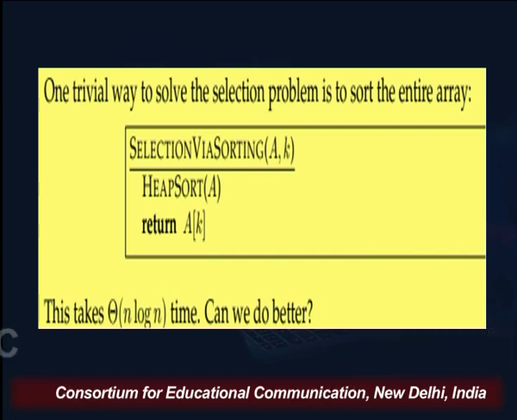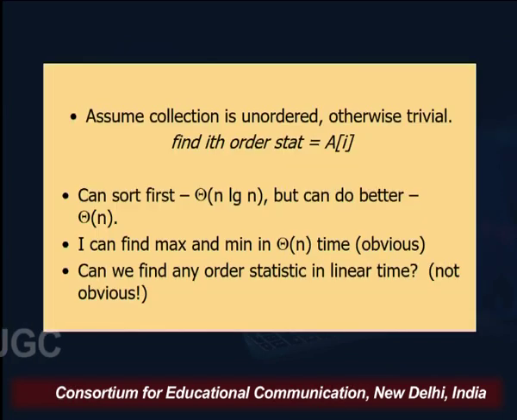The goal is to pick that ith order statistic. So, ultimately sorting is not the best way to do this. Now, let us assume we have an unordered collection. If the collection is already ordered, then our job is actually done. It is just order one time, since only reporting is remaining, and the problem becomes trivial.